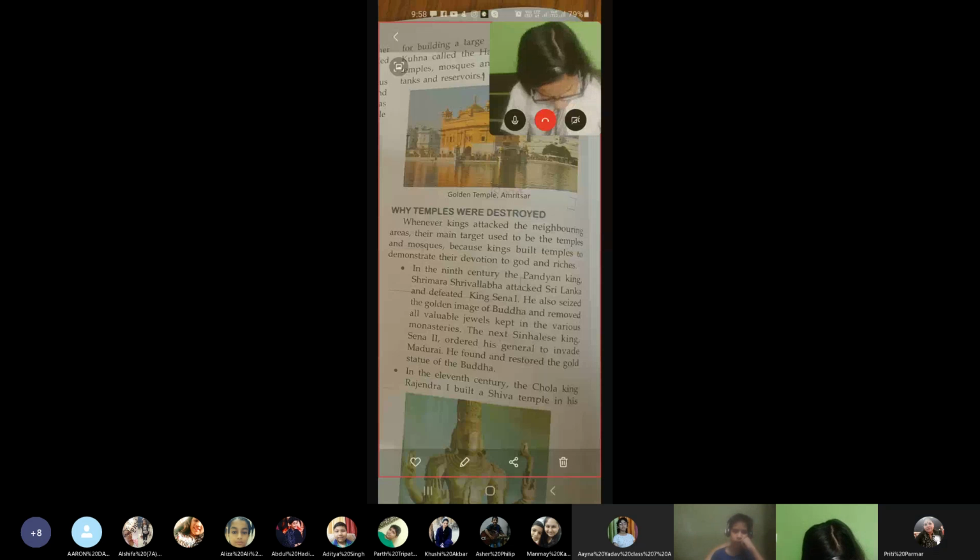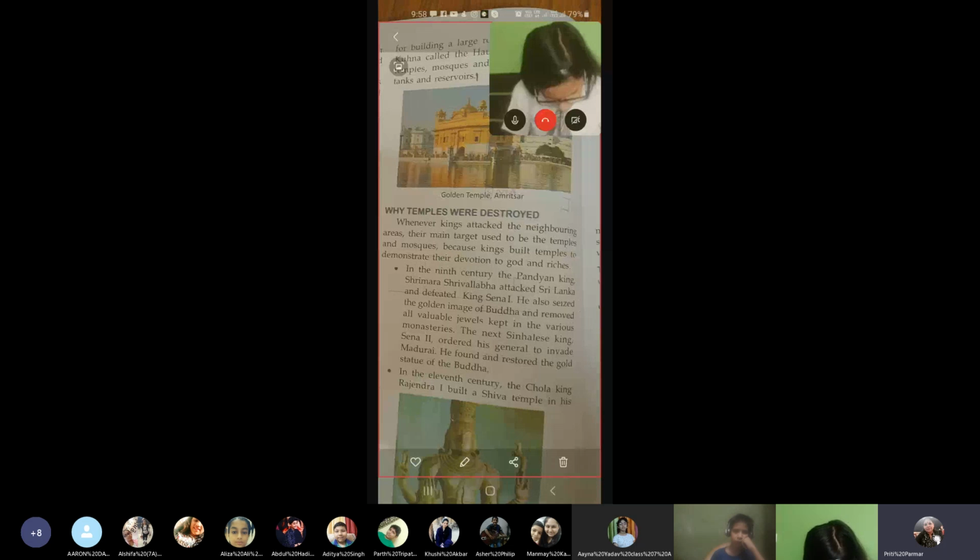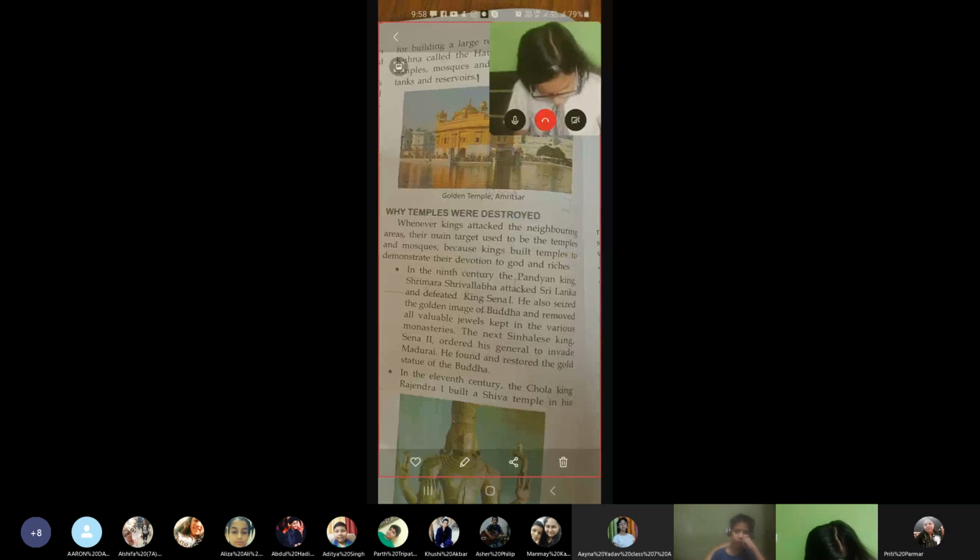The next Sinhalese king, Sena II, ordered his general to invade Madurai, underline Madurai. He found and restored the gold statue of Buddha. So King Sena I attacked the temple and took away the golden image of Buddha. Later on, the Sinhalese king Sena II attacked Madurai and took the statue of Buddha back.